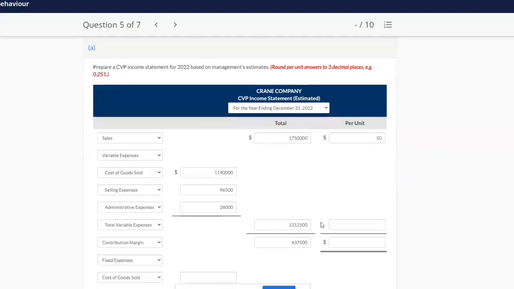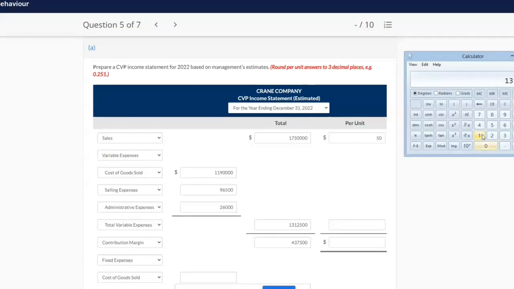How many units do you have? Double the sales. All right, now divide the total variable cost by that number.